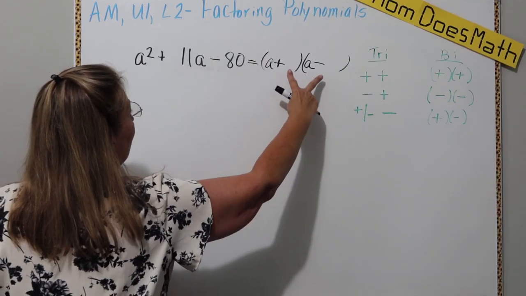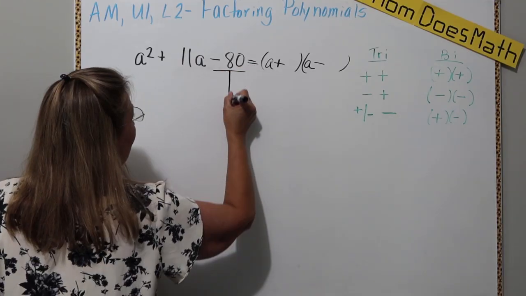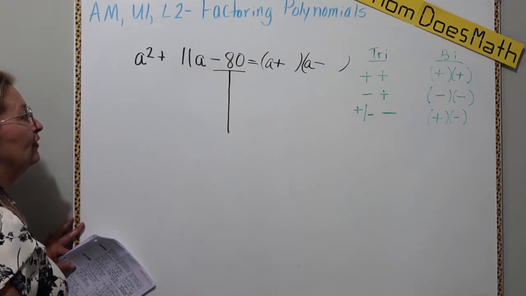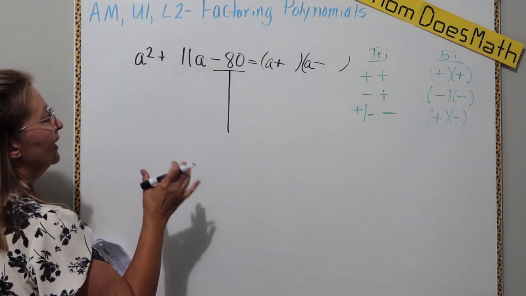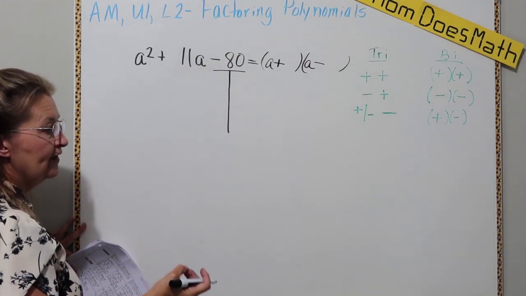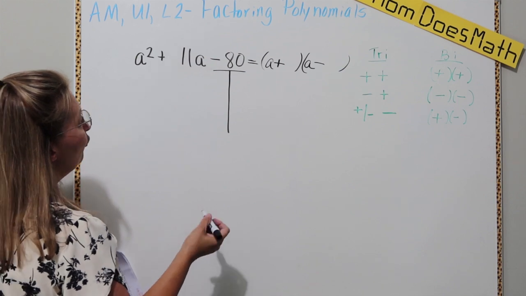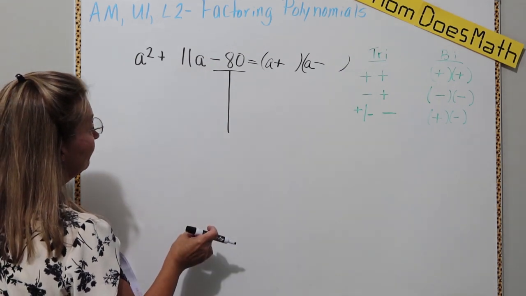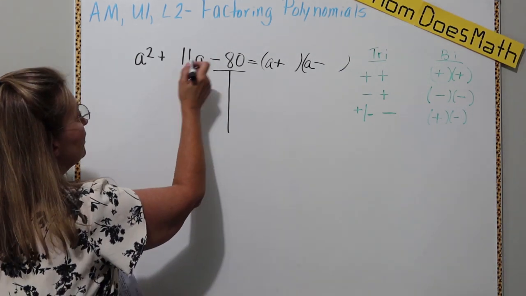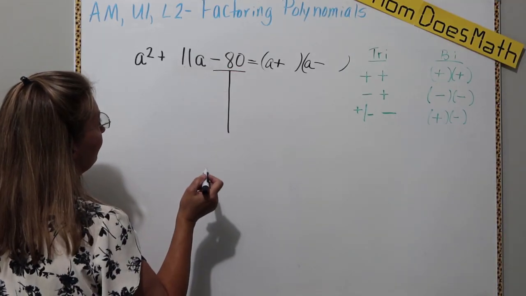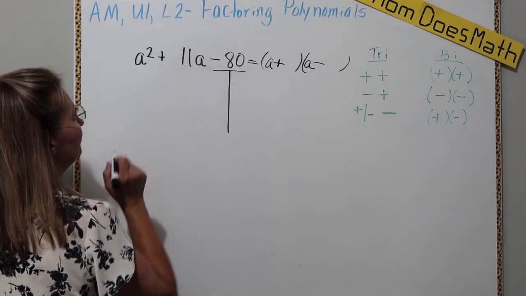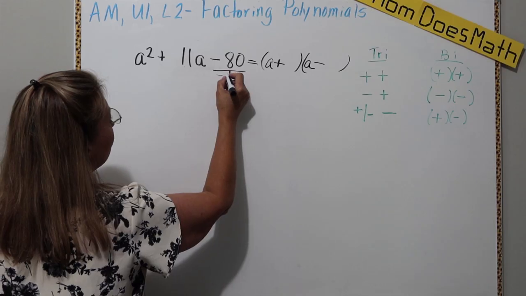All right. Now, for my second numbers, I'm going to put a chart under the 80, and I'm going to make a list of the factors of 80, and I'm looking for a pair that I can add to get 11. So they multiply to give me negative 80, but they add up to give me positive 11. So let's see.